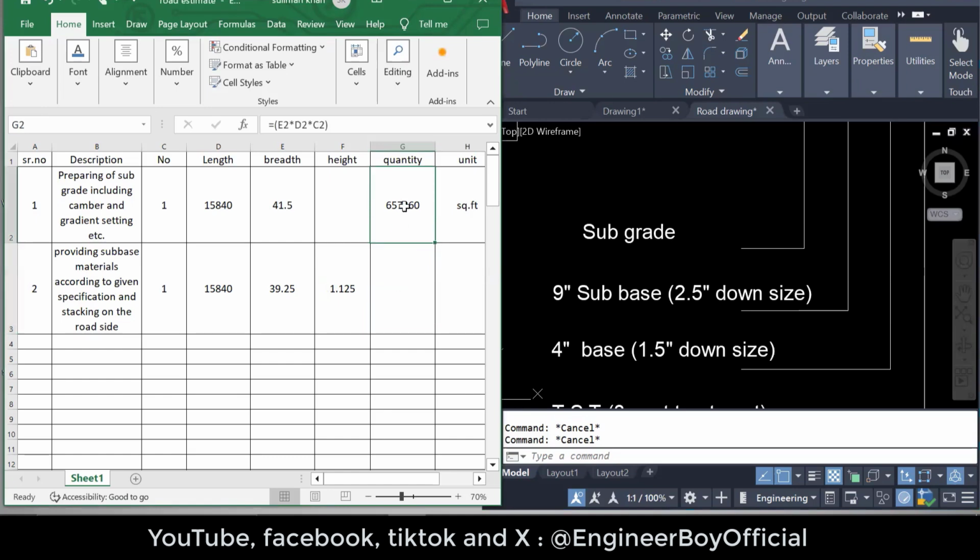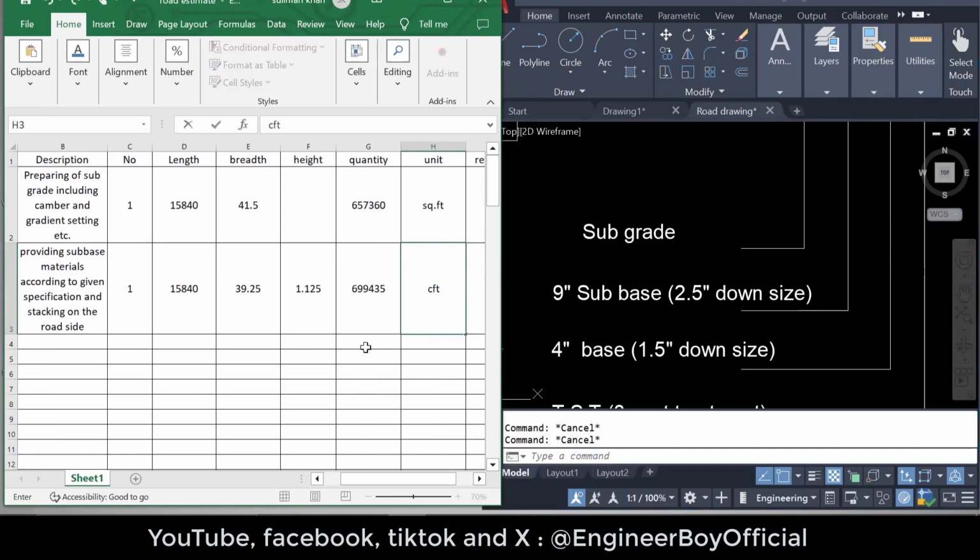Now, what should be the quantity? We will be just dragging the same formula over here. But if you remember, this formula does not include the height. So let's just include height as well. We will multiply this thing over here with this and press enter. Now this is the quantity, and as you can see, we have 3 dimensions. It means this is in CFT.